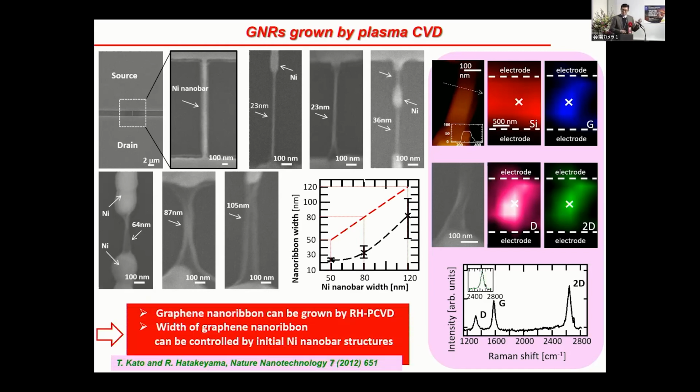Now we can control the position and also the alignment of the graphene nanoribbon in real devices. Also, on the surface of this graphene nanoribbon, nickel does not remain anymore. And as I explained, this graphene nanoribbon is directly connected to the large source and drain on our silicon dioxide substrate.